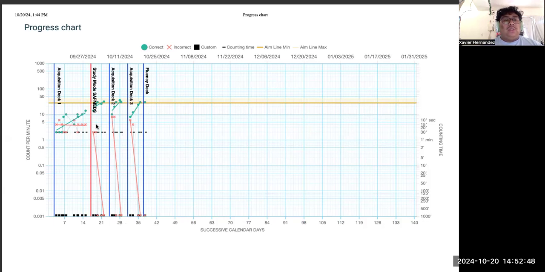We can also see that I do hit the aim band after the intervention on a weekly basis. There's not sufficient data for the fluency deck one. I was just able to reach it the last day before concluding our 5 days with StatsMed.